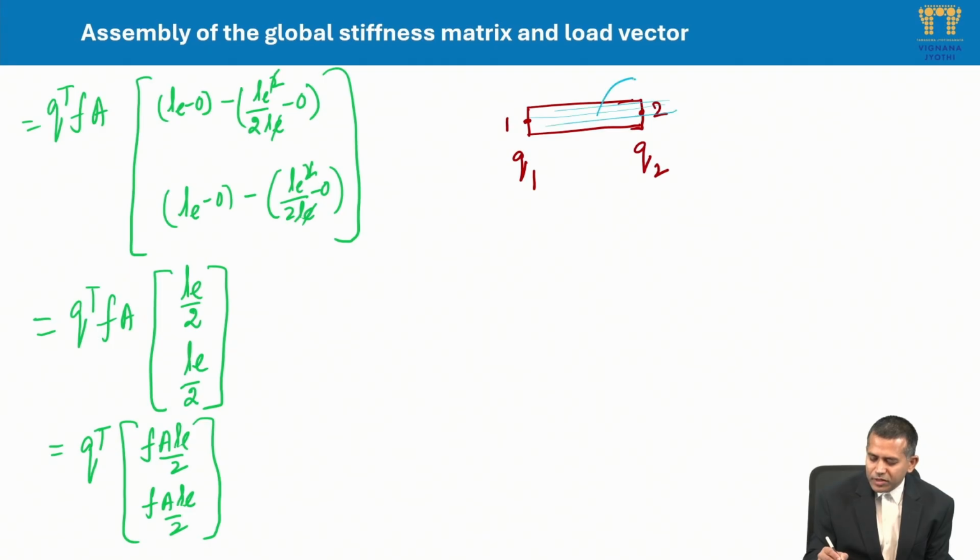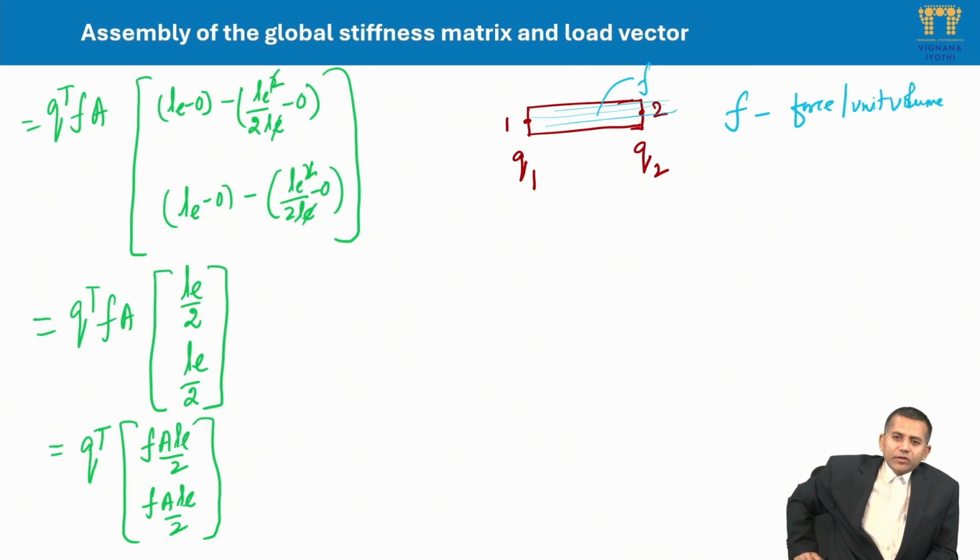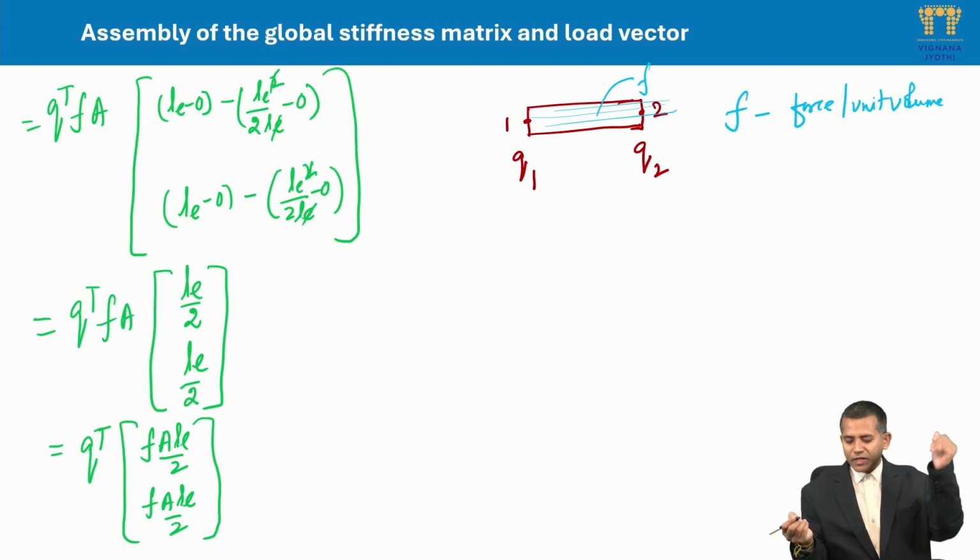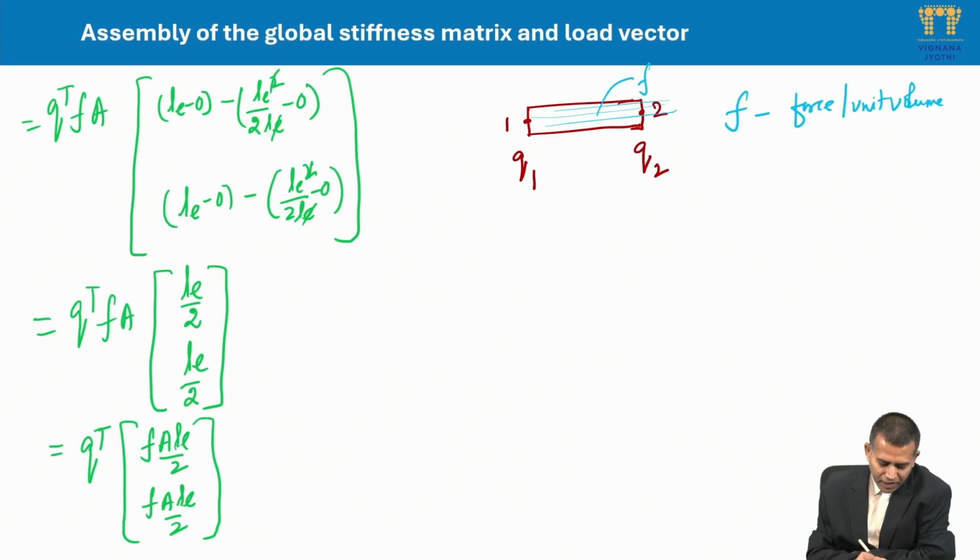right? Throughout this element we have a body force f, and we know this body force f is nothing but force per unit volume, right? Because this body force is acting on the entire volume of the given body. So if you see here f A LE by 2 and f A LE by 2, that means this body force per unit volume, if you multiply with the volume of the given element.